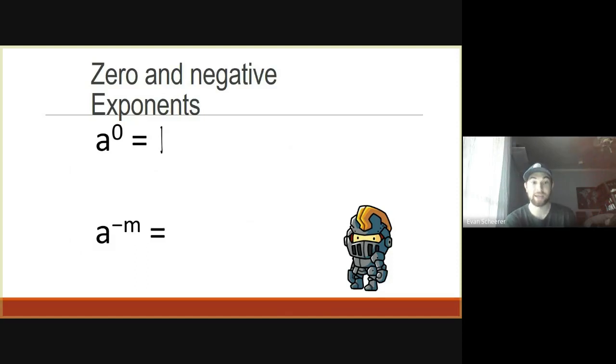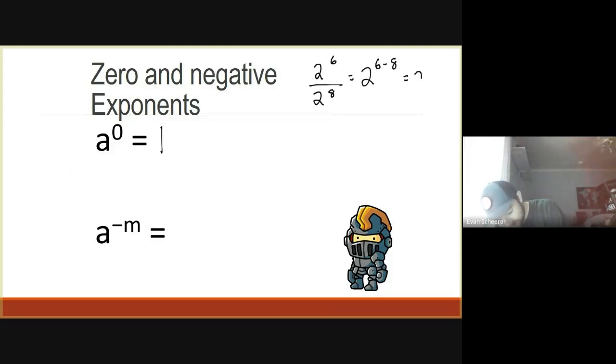Okay, now a to the negative m. Watch this. 2 to the 6th power over 2 to the 8th power, right? So that's going to be 2 to the 6 minus 8, which equals 2 to the negative 2 power.